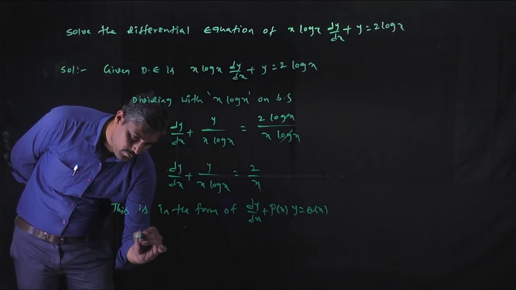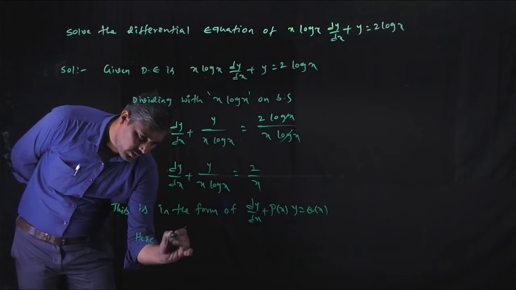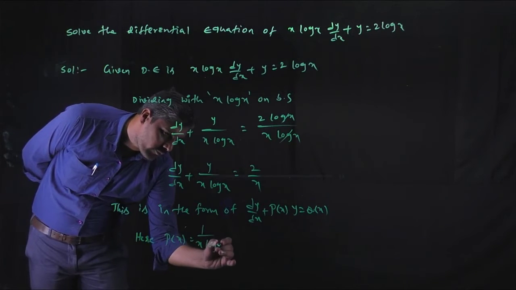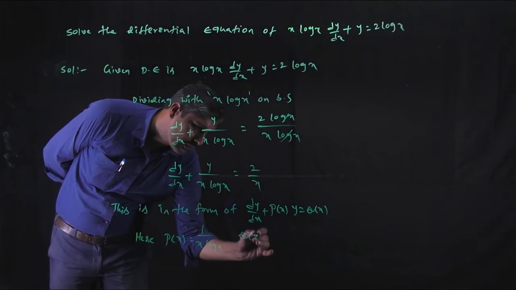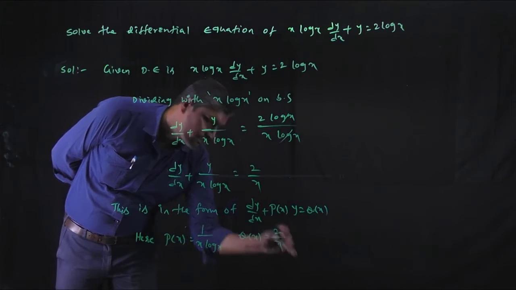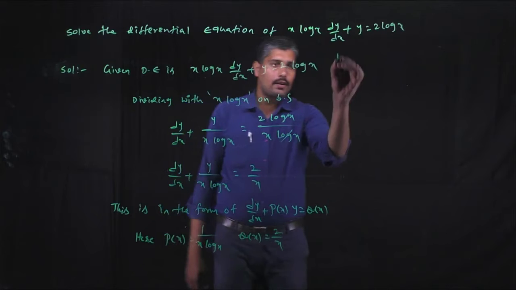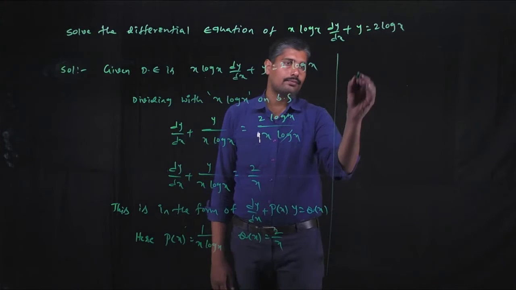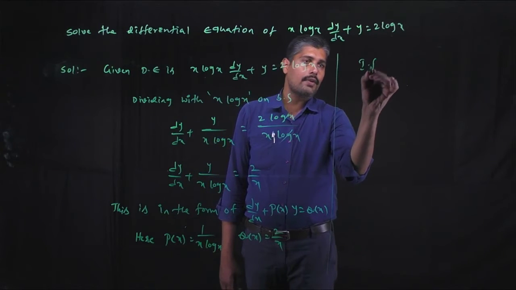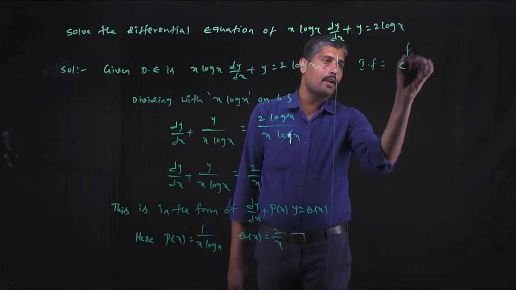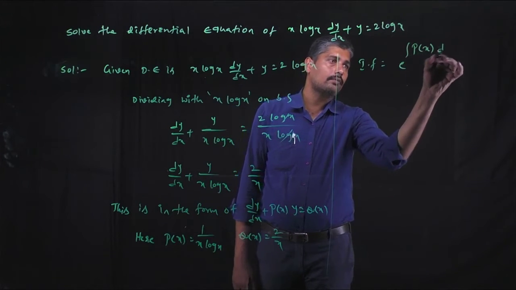Here p of x equal to 1 by x into log x and q of x equal to 2 by x. First to find out the integrating factor. Integrating factor IF equal to e power integral p of x into dx.